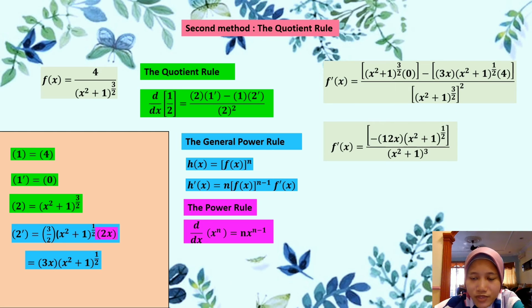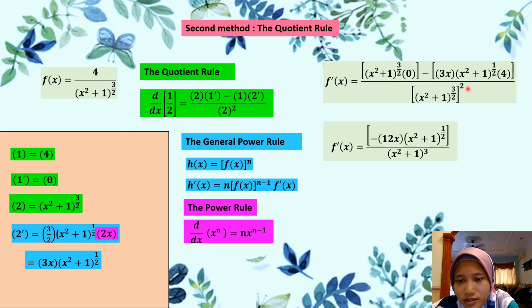Then we simplify the entire expression. So we will get negative 12x times x squared plus 1 power 1 over 2 over x squared plus 1 power cube.